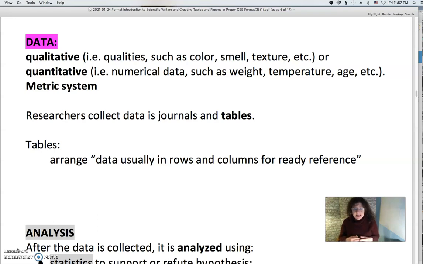And the tables are in rows and columns for very easy reference and very systematic reference, especially when different researchers are doing the same experiment all over the world at the same time. They're collecting data into the same tables so that it is all uniform.